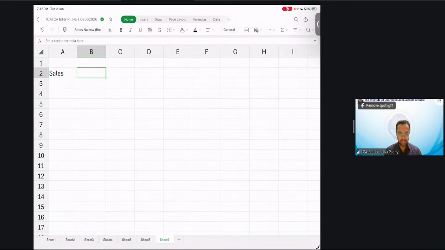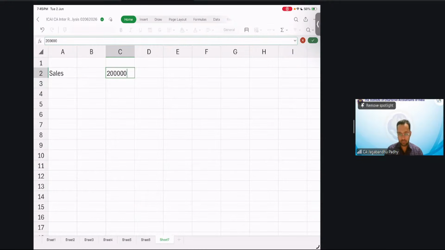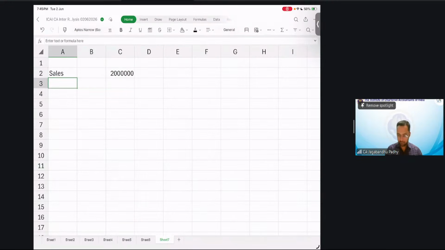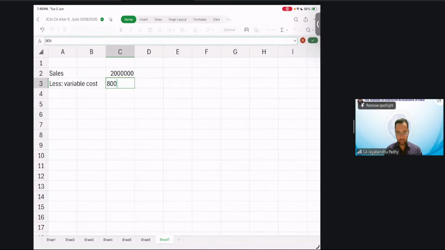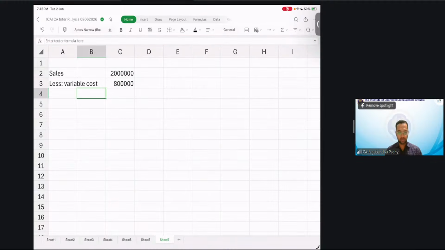So we start with sales. Let's say sales is 20 lakh and we subtract the variable cost from that. Let's say variable cost is 8 lakh.